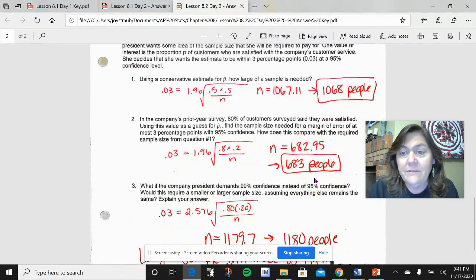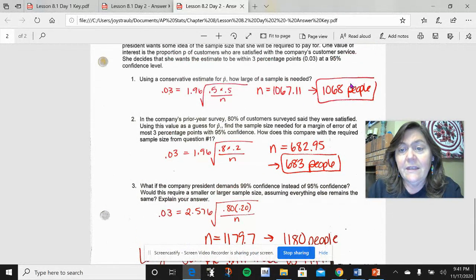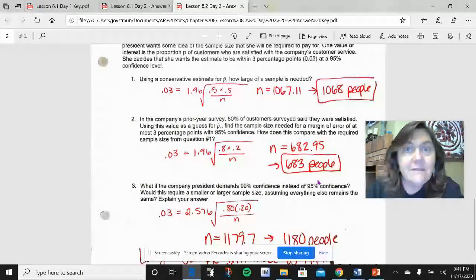Alrighty, so we already did number 1 together in the notes. Here's what you should have gotten for number 2, changing that 0.5 to a 0.8, and then you remember to round up always to the next integer. So look at that. If we knew that it's more like 80%, then look at how many fewer people she could have sampled.